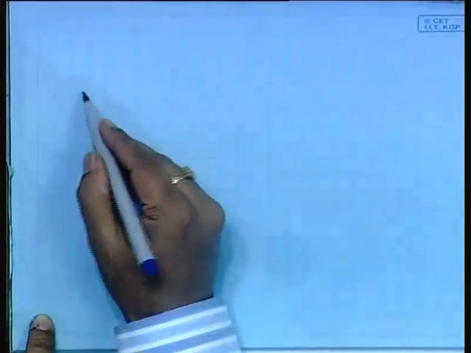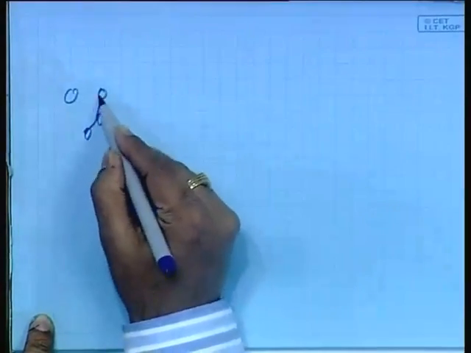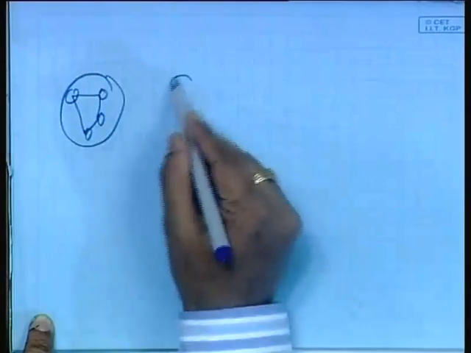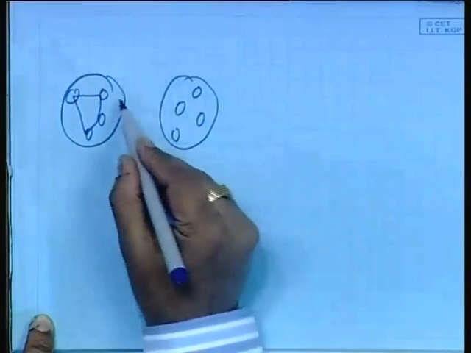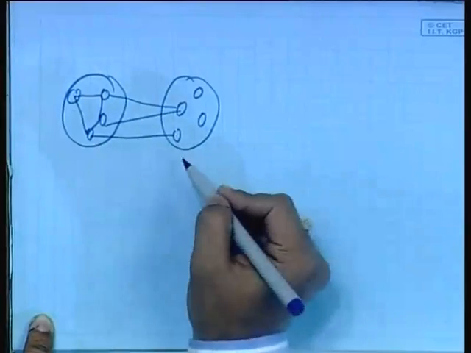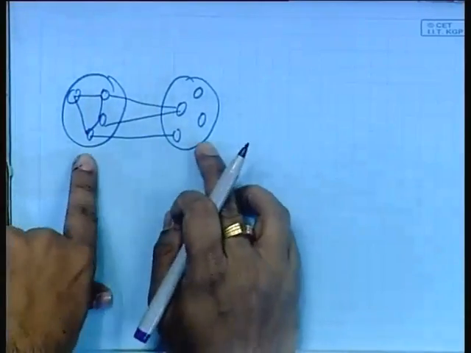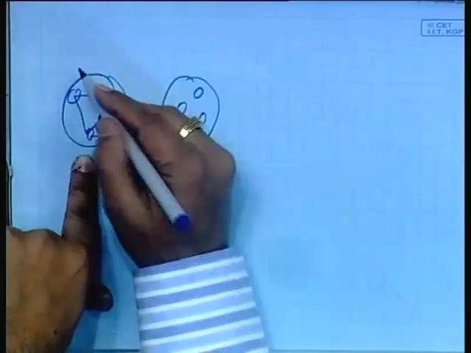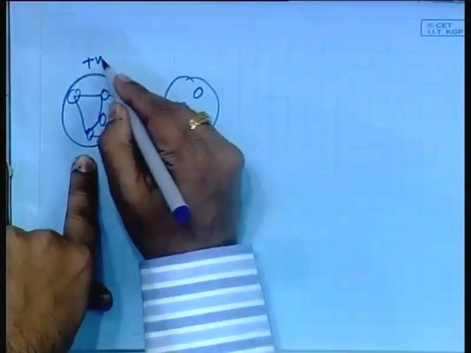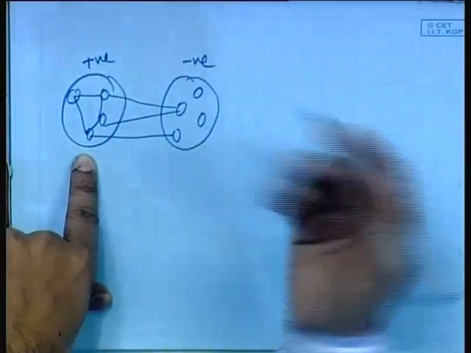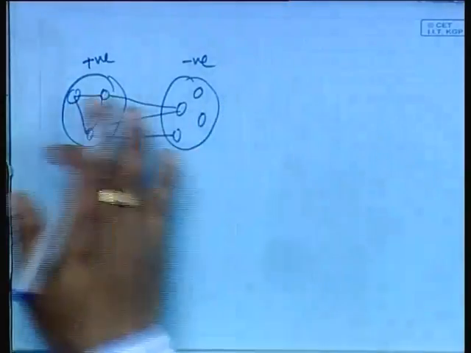Actually, if you work out with a real graph, what you will find is that if the graph has largely two clusters, like something like this, where here you have a clique sort of thing and here you have a clique sort of thing, and there are very few edges running between them, then the second eigenvector will put one side as positive and the other as negative. It is arbitrary, any side can be called positive and any side can be called negative, because you can change the sign without any problem.